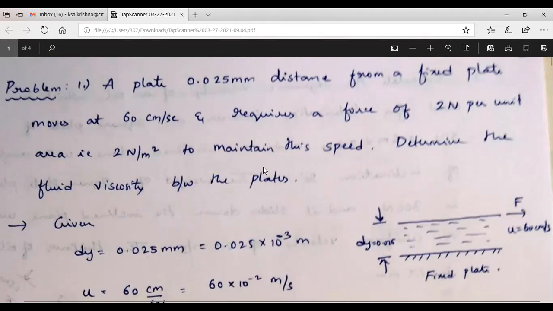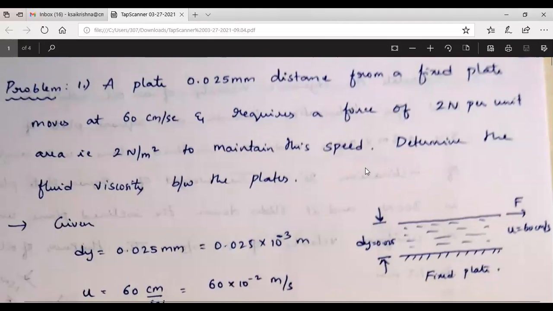If you are finished with writing the question, please tell me. I'll tell the solution for that. Up to the question only you write down. Please don't write anything regarding the solution yet, and the drawing you can take.